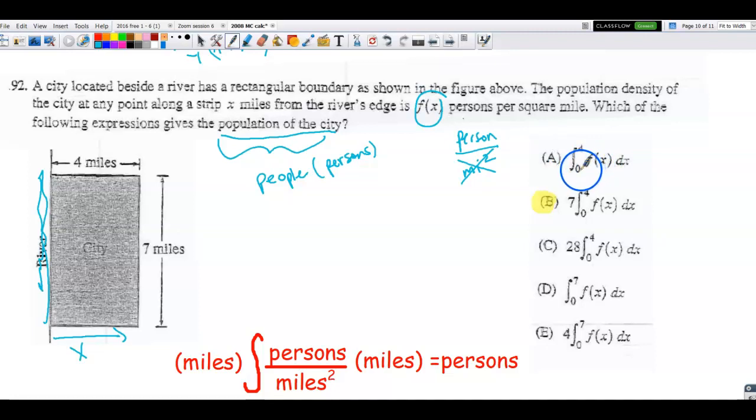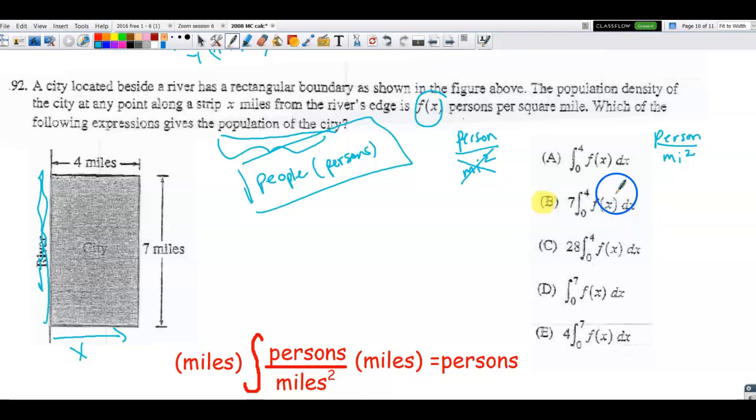Well, if you look at letter A, if we accumulate area from 0 to 4 of f of x, and remember, we had persons per mile squared. If we just integrate that, we will get persons per mile. We'll get rid of the square, but we still have the per mile, and we're looking for population measured in number of people or number of persons.